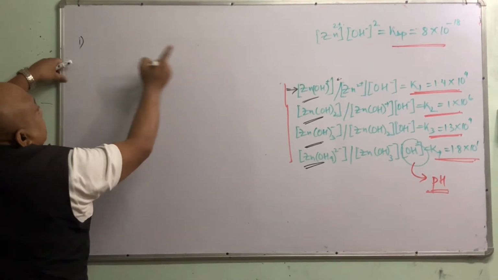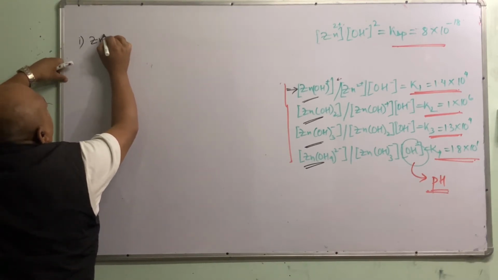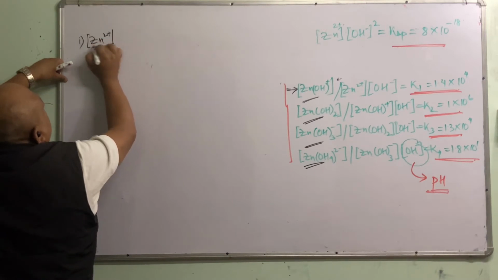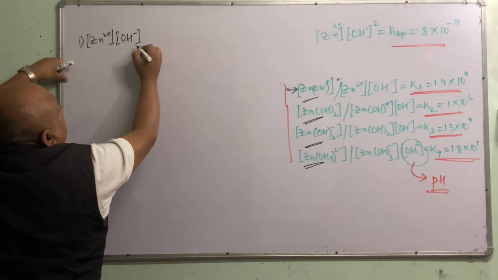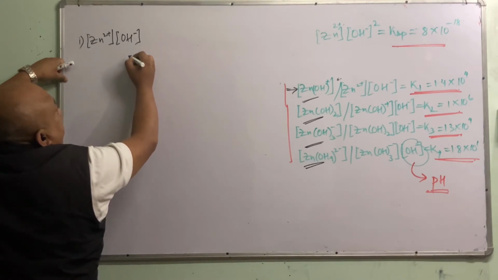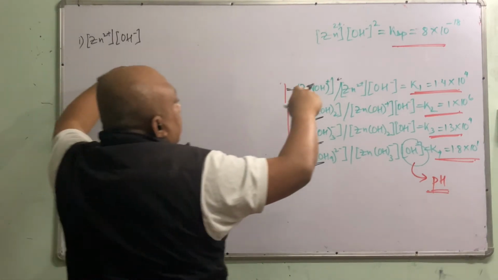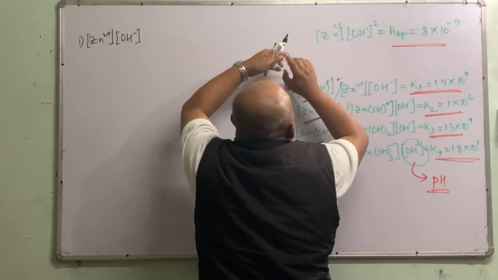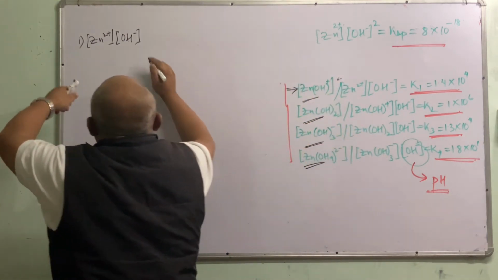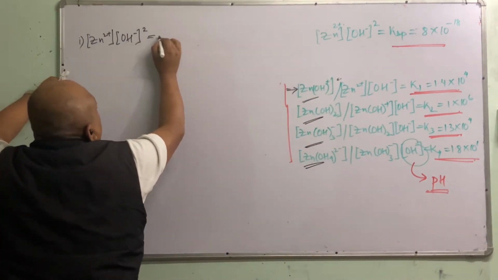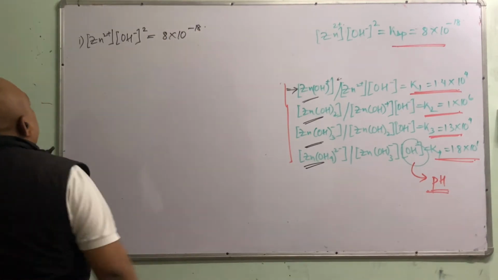Number one. Ksp is the concentration of Zn2+ into OH- ions. This is 2 molecules, so the square should be here. Zn2+ times OH- squared is equal to 8 into 10 to the power minus 18.